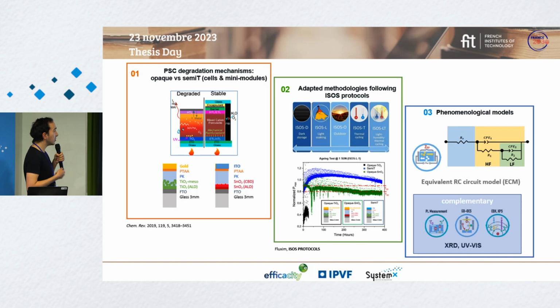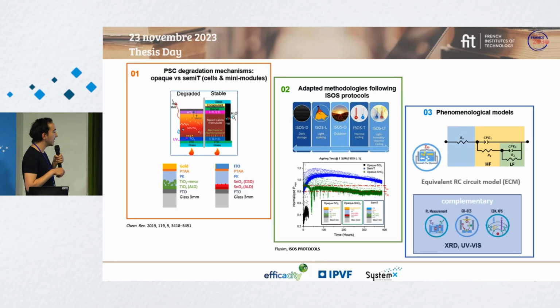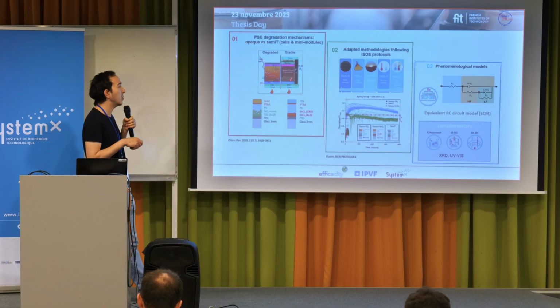So it's exposed to different kinds of degradation elements, like extrinsic ones, moisture and oxygen, but also intrinsic ones regarding the operation of the device, like the temperature, the extraction of charge, and the illumination intensity. So the idea is to investigate what those degradation mechanisms are closer to the real operation, so in the full stack device, and with different kinds of architectures. We have different compositions developed at IPVF.